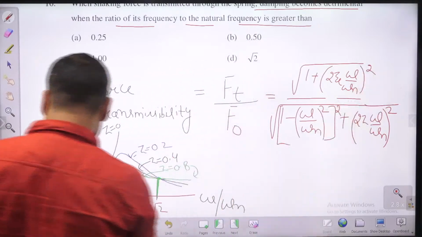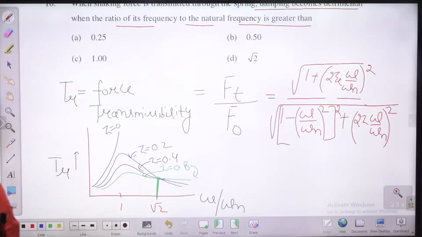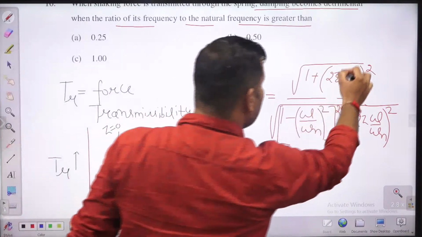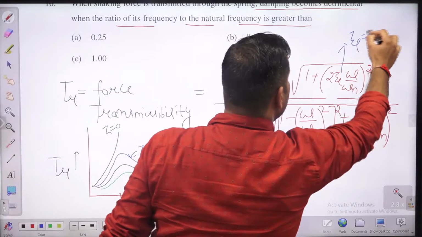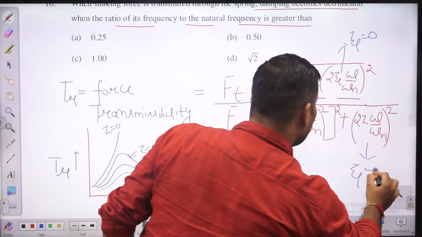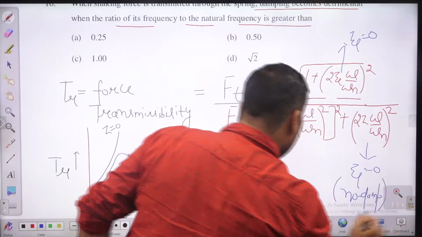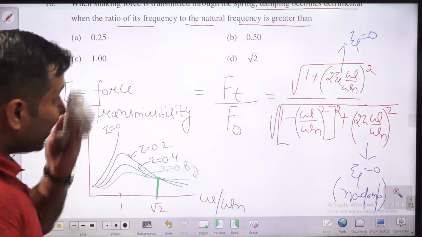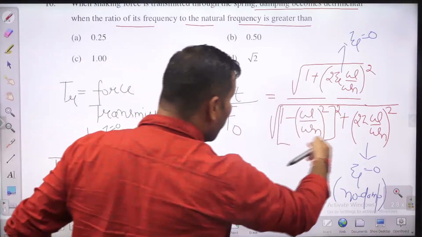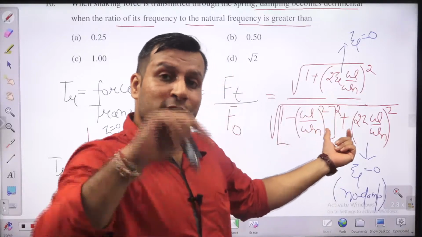So if zeta is 0, zeta 0 means there is no damping. If there is no damping, this term will be 0, and this term will also be 0. Now if there is no damping, and this omega by omega n term is equal to under root 2.